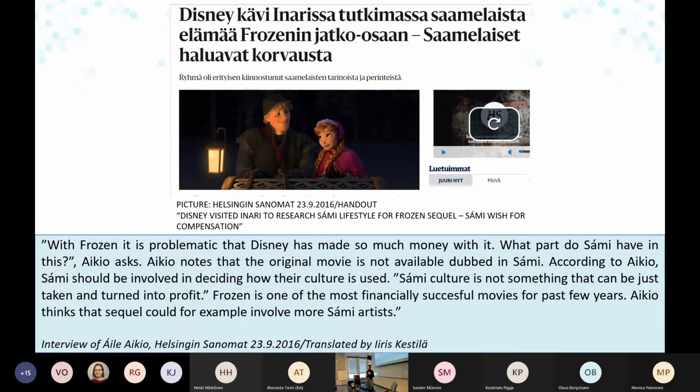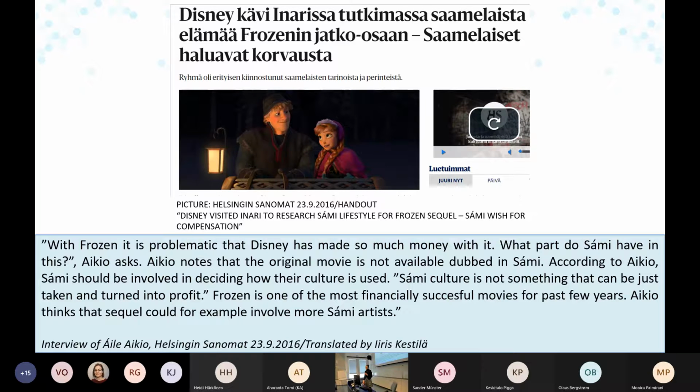In Frozen 2, Disney started to realize the problem in a way, and they engaged with the Sami community and started a dialogue. At the end of the day, they reached a compromise where elements of Sami cultural heritage were recognized, and things were also given back to the community.